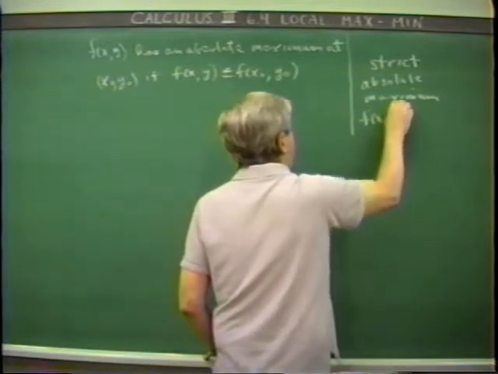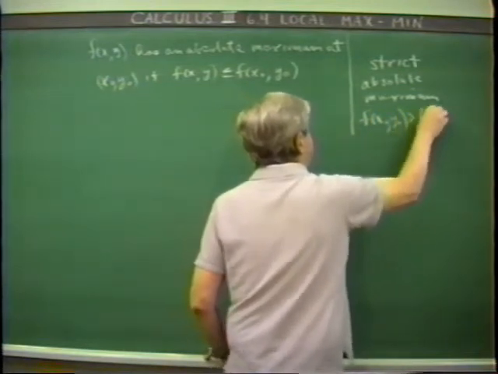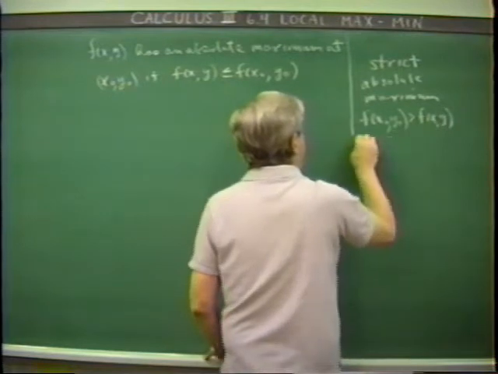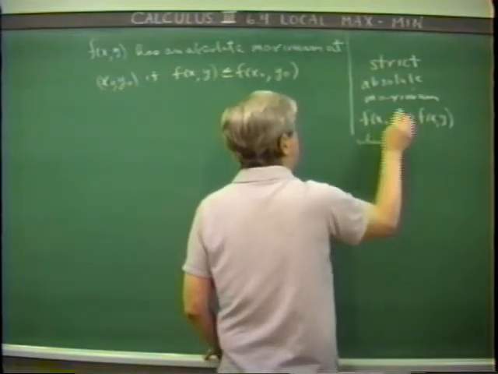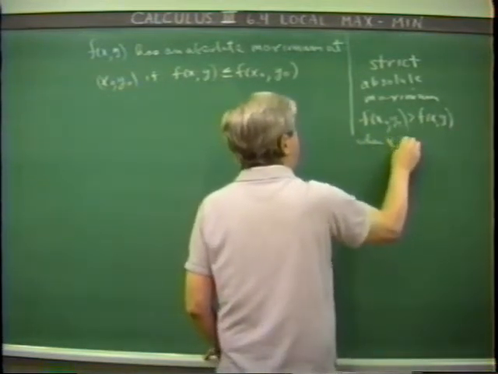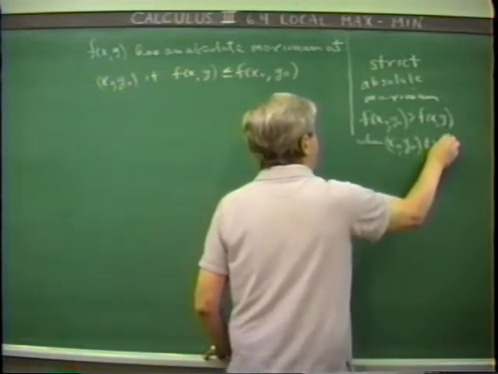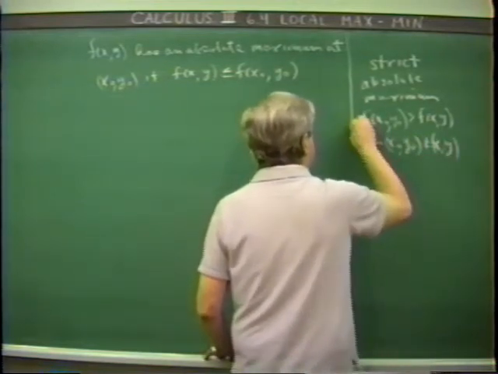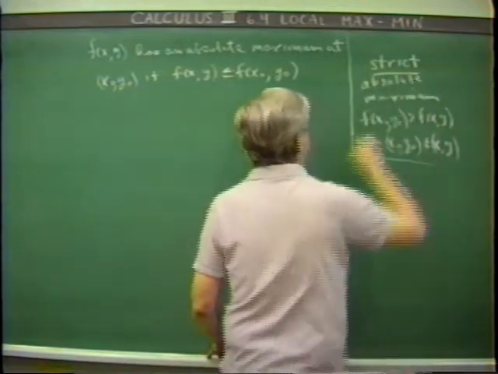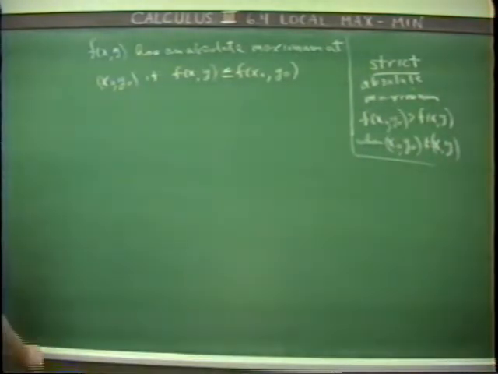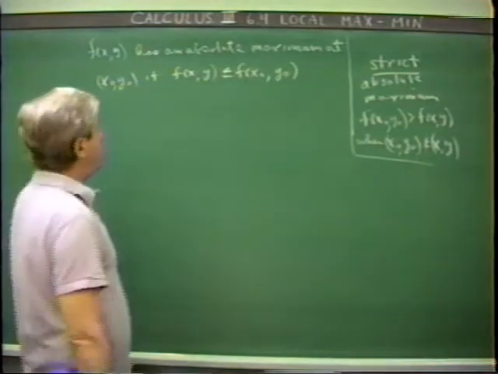That's to say, if f of x naught and y naught is larger than f of x and y, when, of course it can't be larger than itself, when x naught, y naught is not the same point as x, y. Right? You talk about a strict absolute maximum.